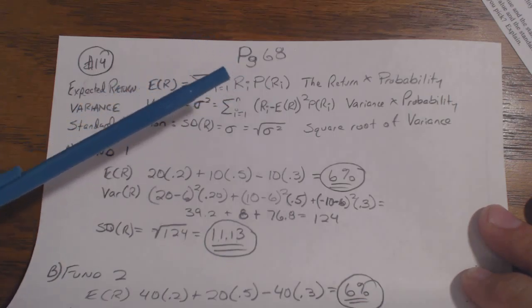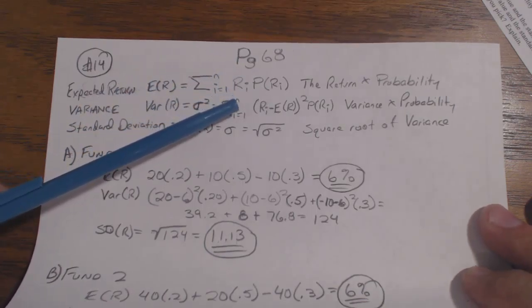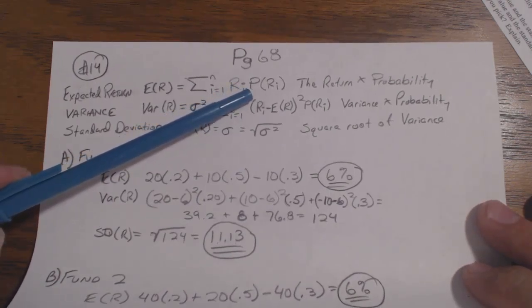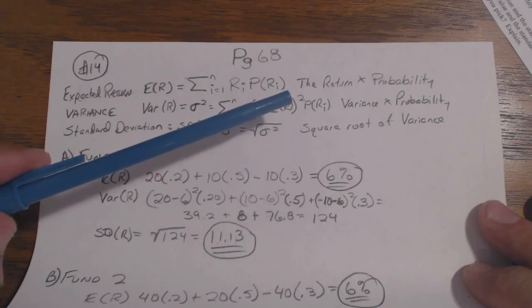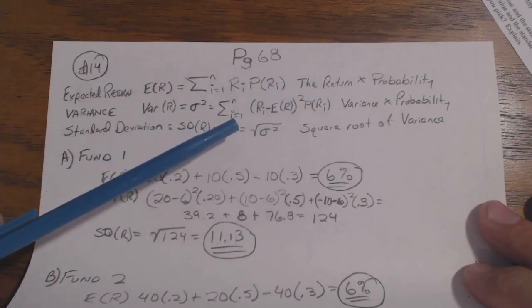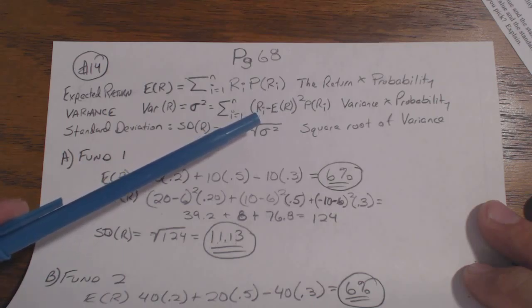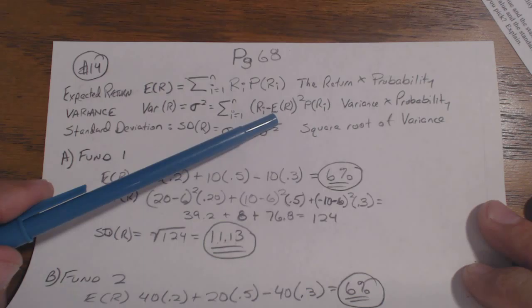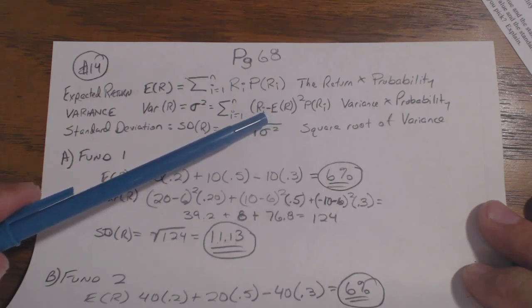So again, for the expected return, you just take whatever return they say is possible, multiply it times the probability. That will give you the expected return. For the variance, all you're doing is taking the return they're talking about minus the expected return, which is the average, which is mu. This is just how you figure out variance normally.